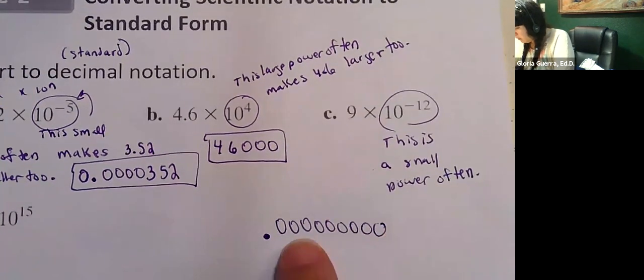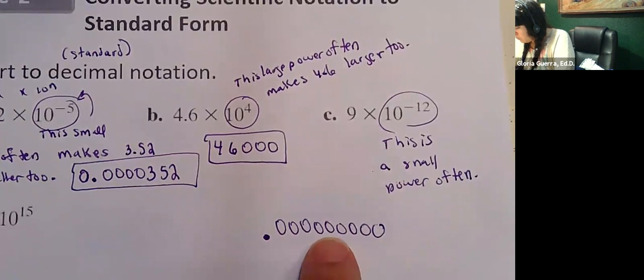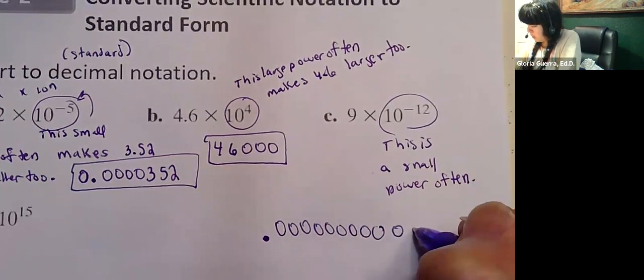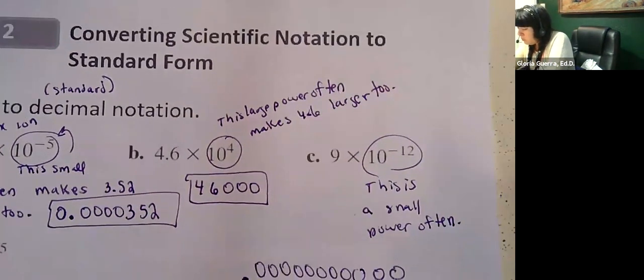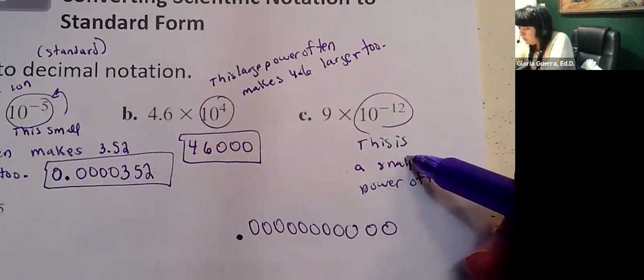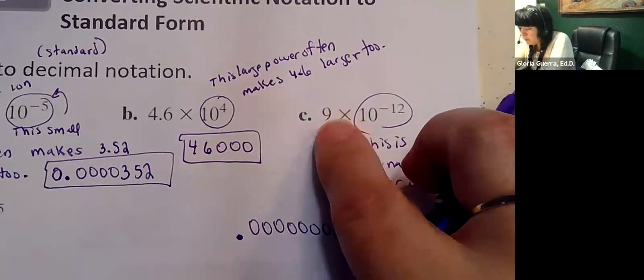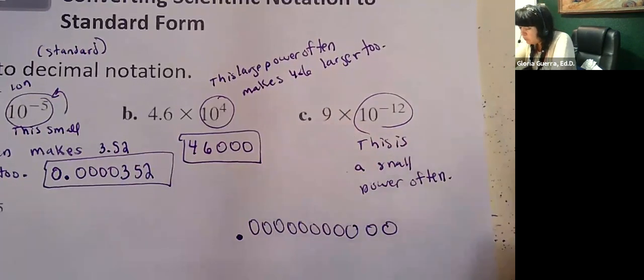I don't know how many did I have. 1, 2, 3, 4, 5, 6, 7, 8, 9, 10, 11. Okay, so this is a small number. When you multiply this effect on 9, it will also make 9 small. The only way to make 9 small is to move your decimal over to the left.